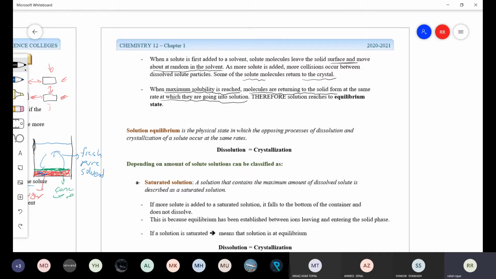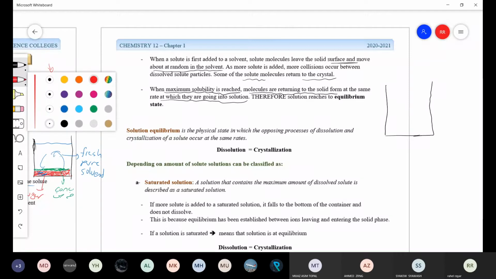What does this mean? I have to draw you a figure here as well. Let's say we have started to put some solute, some sugar, into some water. Now we have the water here.